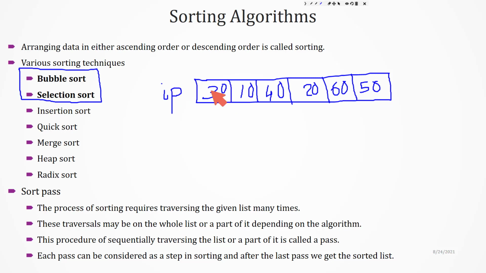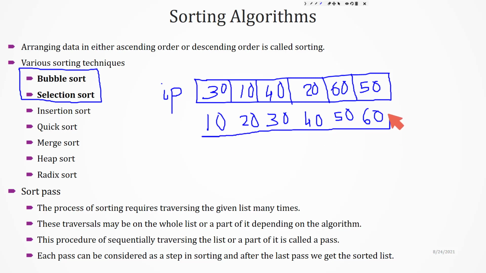If you look at the array, it is in unsorted form. After applying the sorting algorithm, this array becomes 10, 20, 30, 40, 50, 60. Now it is in ascending order. So converting an unsorted array to a sorted array can be considered a sorting algorithm.